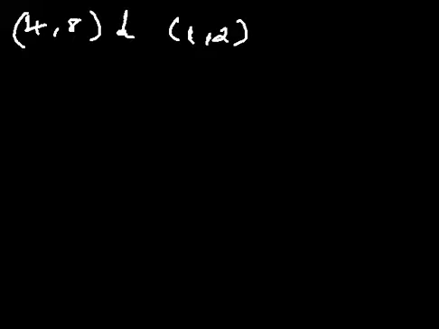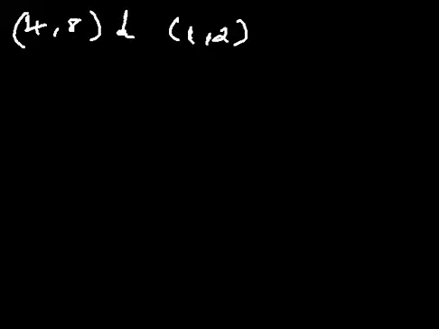Now what if we have two points and we try to find the equation of a straight line? Let's say we have a line which passes through (4, 8) and also passes through (1, 2). So what is the equation of that line?